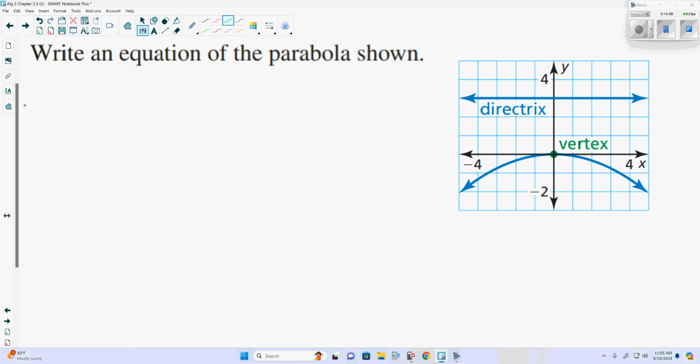Now they told us the vertex here is 0, 0. Now the directrix is y equals 3, because our flat line going left to right is y equals, the line going up and down is x equals.